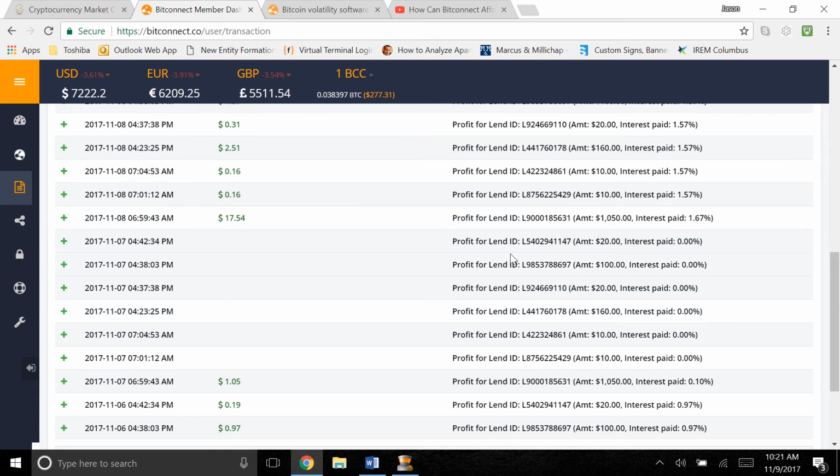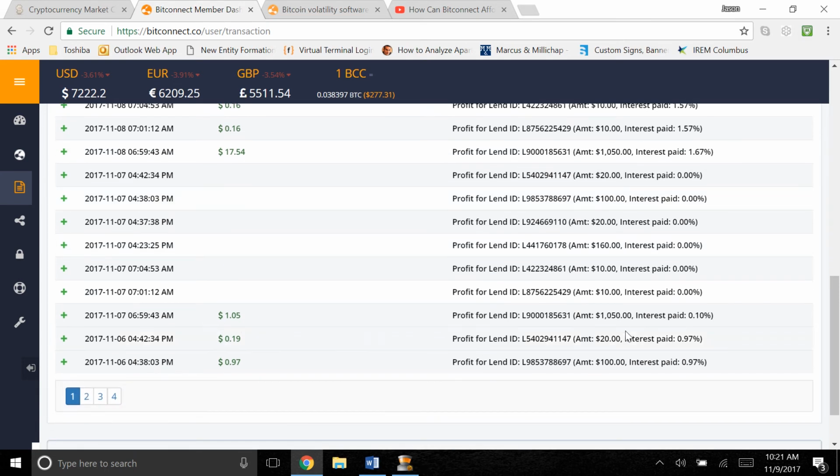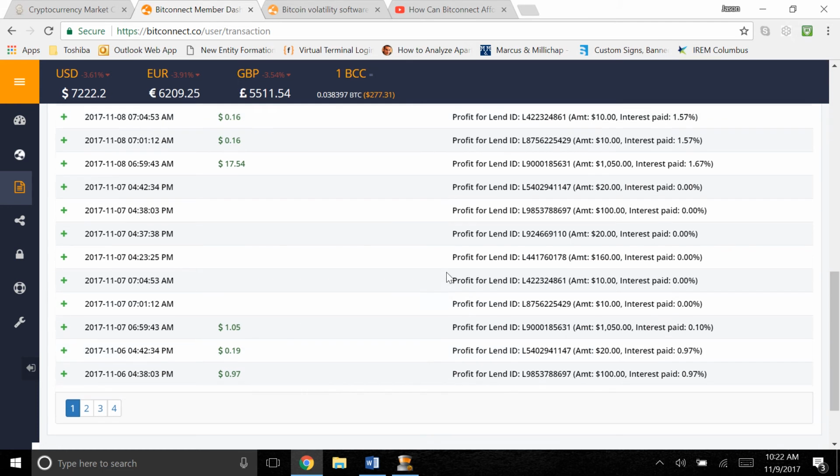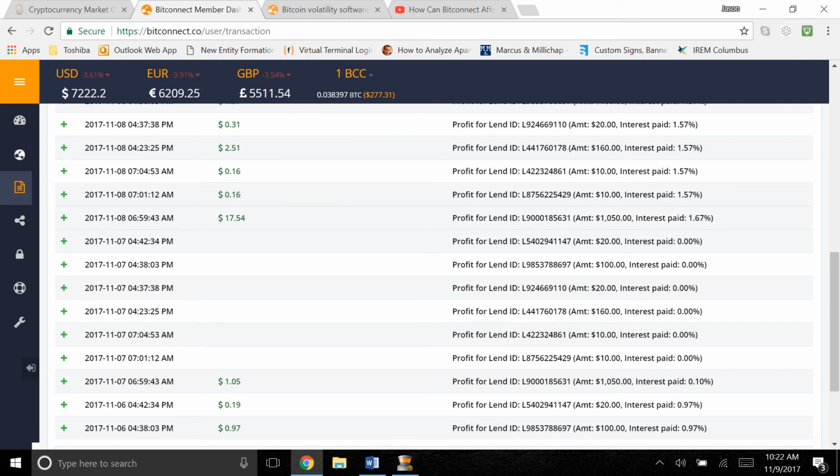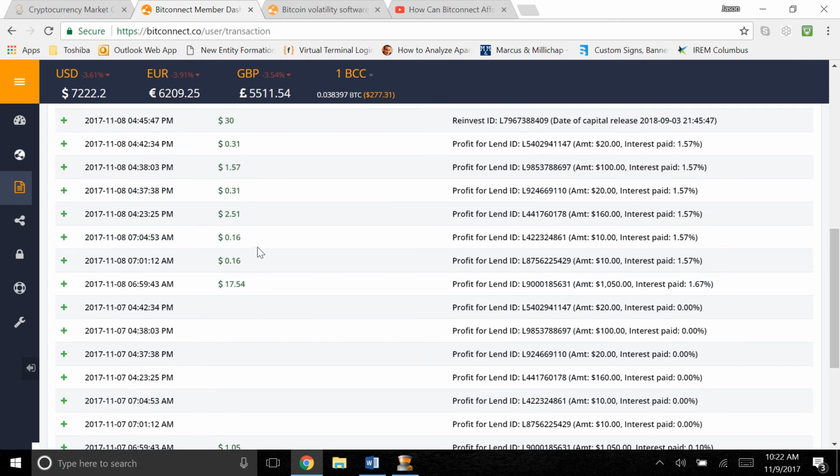I didn't get anything for any of these. However, on the $1,050 loan, even on a 0% day, I got my 0.10 guaranteed preferred rate paid anyway. So even on a day that the system paid out zero for returns on their trading, I still made $1 on that $1,000 loan. And then the next day we were right back at it, 1.67, $17.